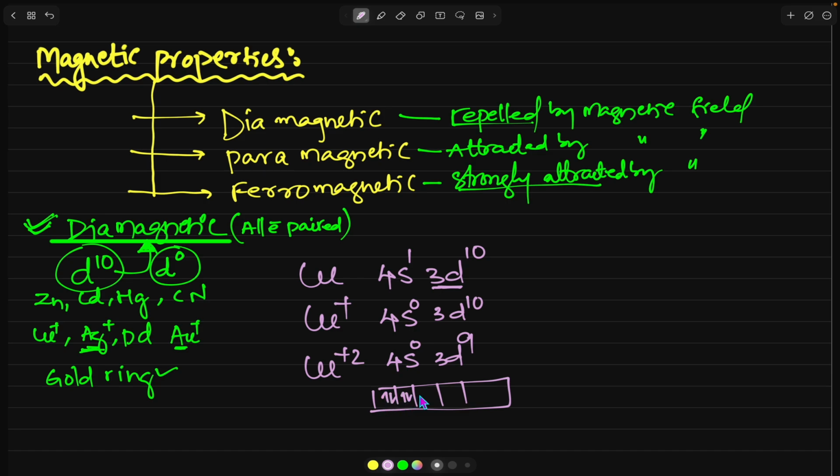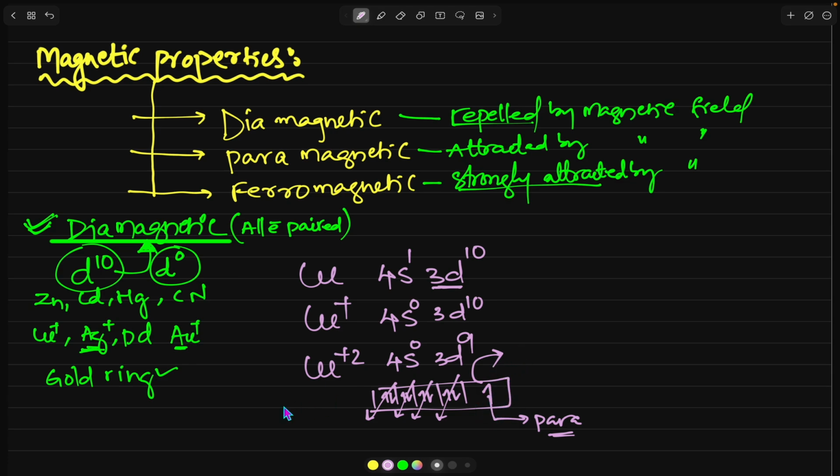You have 4 pairs of electrons and one electron here, due to which copper plus 2 behaves like a paramagnetic substance. These electrons cancel out their magnetism, these electrons also cancel out each other, these electrons also cancel out, but this electron's magnetism isn't neutralized because it is not paired.